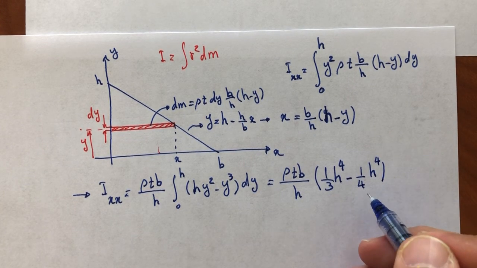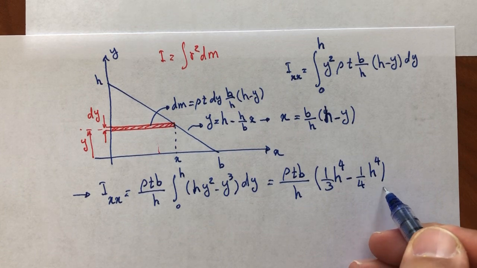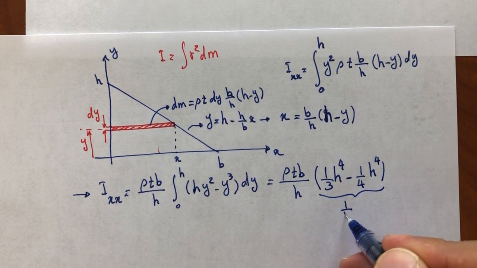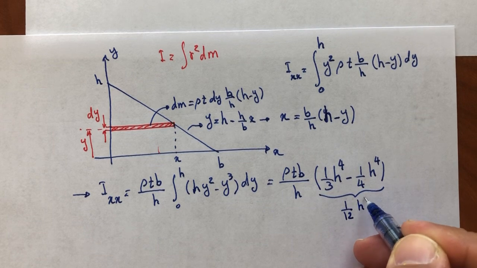And 1/3 minus 1/4 is 1/12. So altogether this is 1/12 h to the 4.